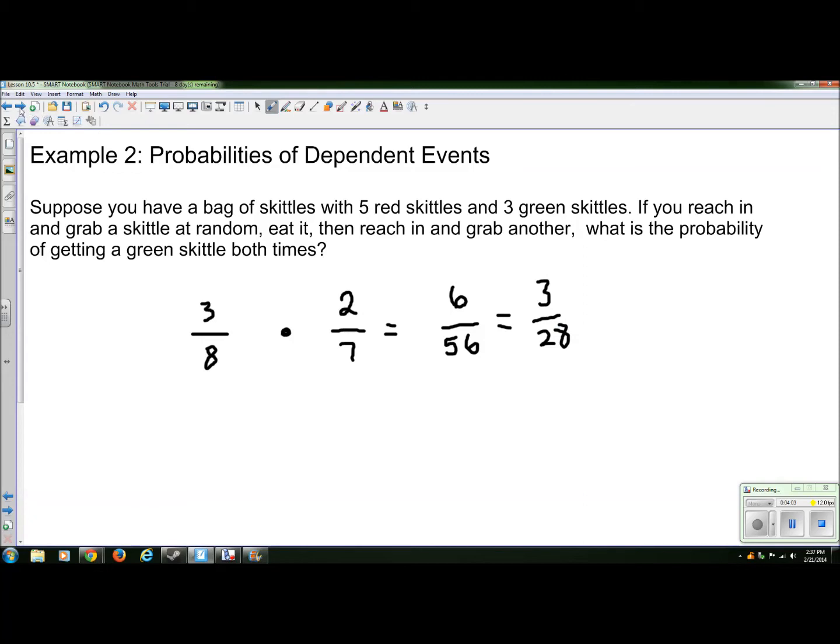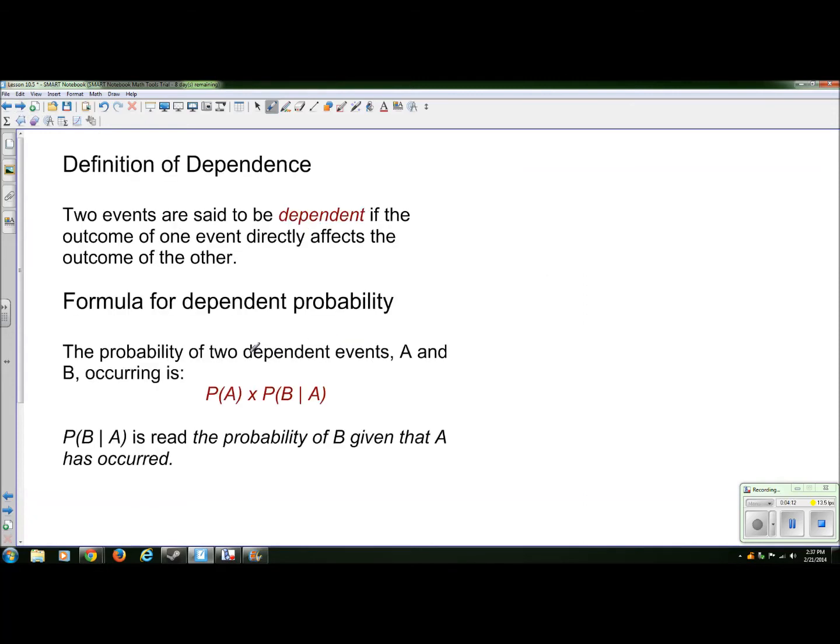This leads us to the definition of probabilities of dependent events. 2 events are said to be dependent if the outcome of one event directly affects the outcome of the other. In other words, in our last example, because the first time we reached into the bag, we got a green Skittle and we ate it, that changed how many green Skittles were in the bag. So that directly affected the possibility of getting a green Skittle on my second draw.